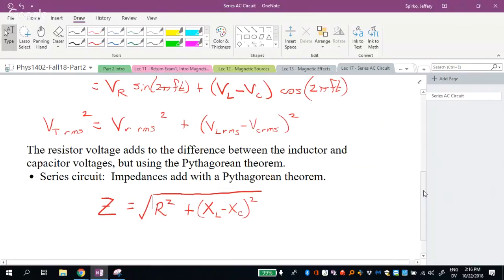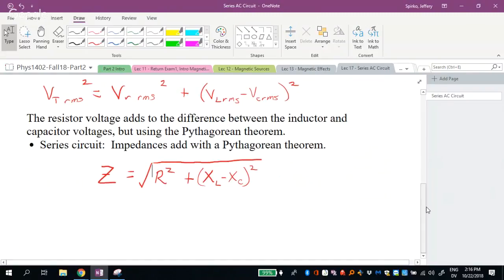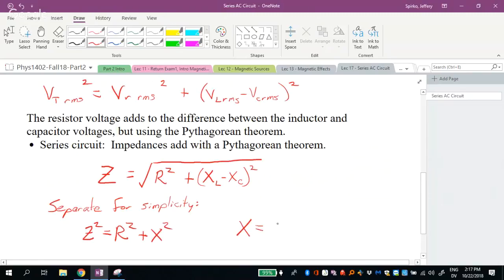Now, how do we actually apply this? I usually don't apply it as a big giant formula like that. I usually split it into a few separate formulas. I usually use Z squared equals R squared plus capital X squared, and capital X is X_L minus X_C.